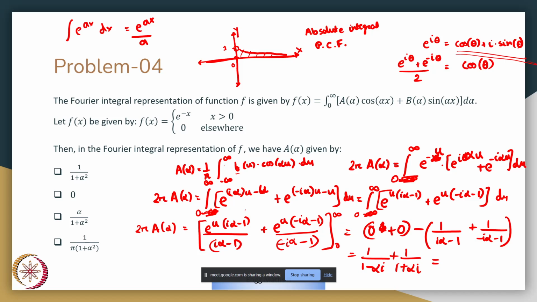If you just add these two, it becomes 2 upon 1 plus alpha square. So this is 2 pi a, which means a is 1 by pi times 1 by 1 plus alpha square, which is option number B.